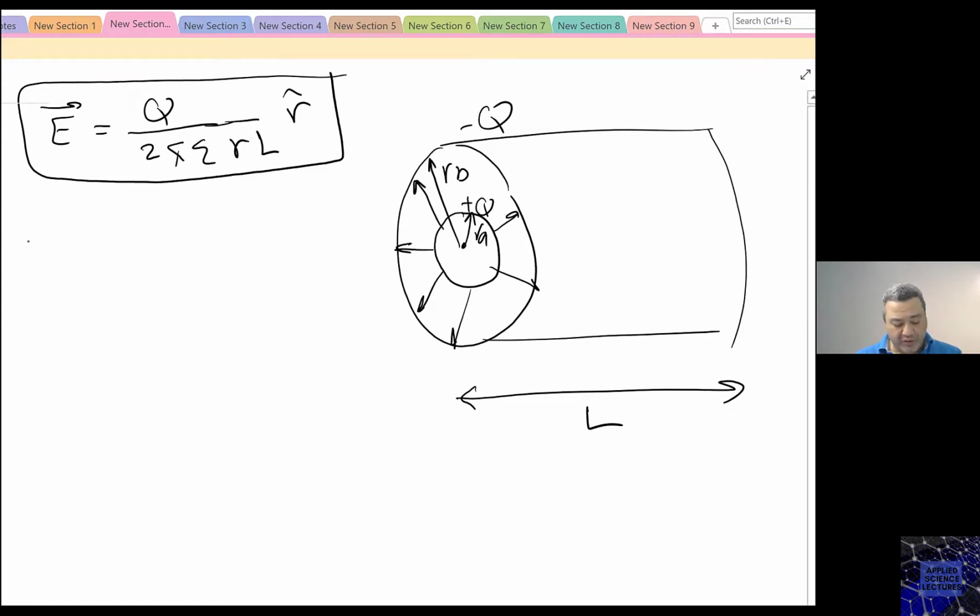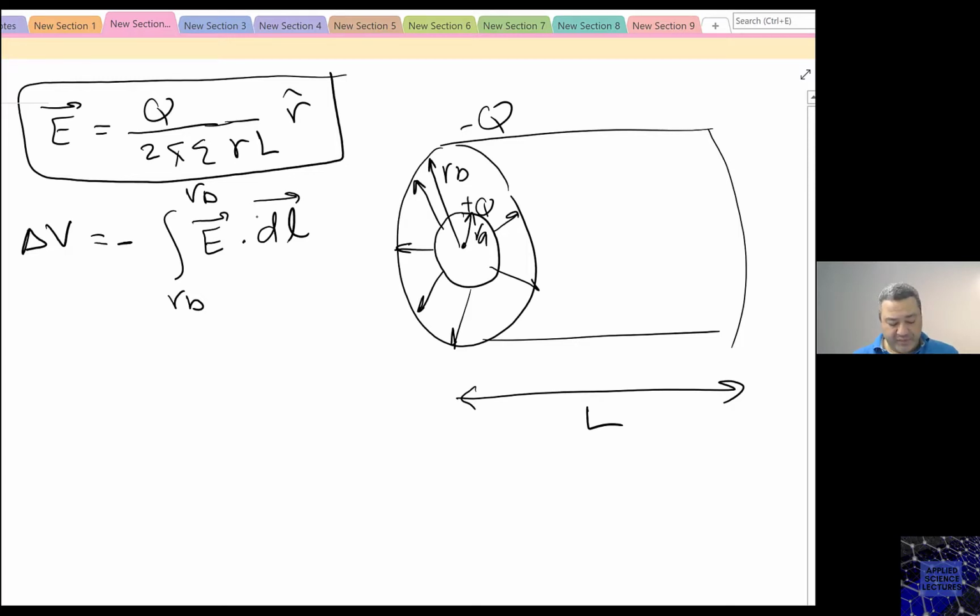So how do we do this? We know that the potential difference V equals minus the integral from Rb to Ra of E dot dl.